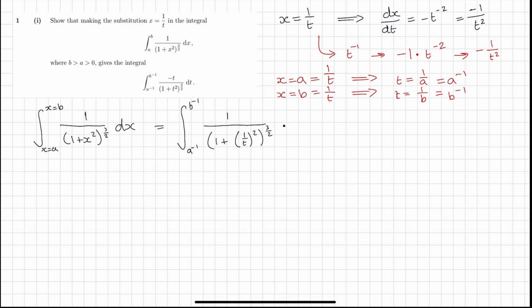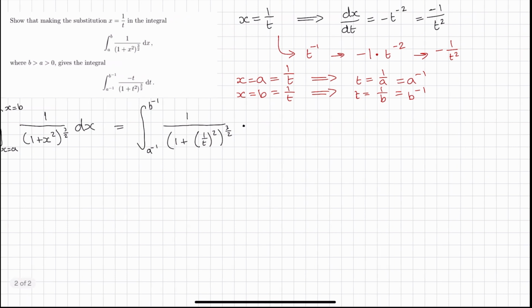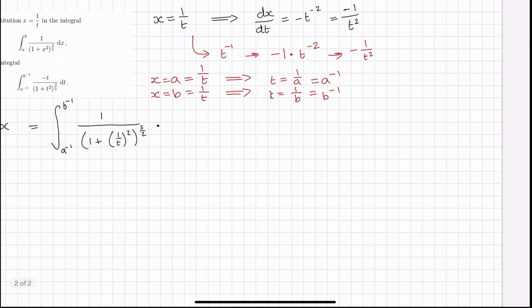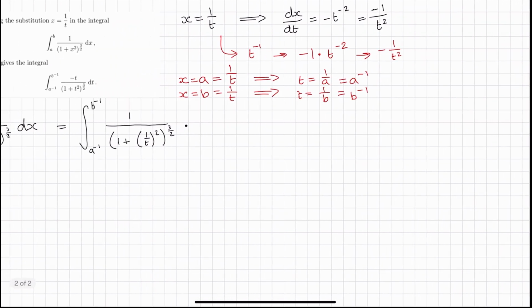I'm just going to write a little aside here in green, on this right hand side. Usually when we're doing substitutions, we would have something like u equals 1 plus x squared, which then gives us du by dx to be 2x.